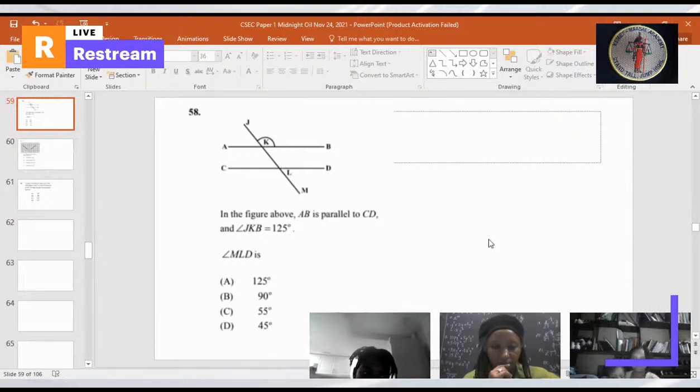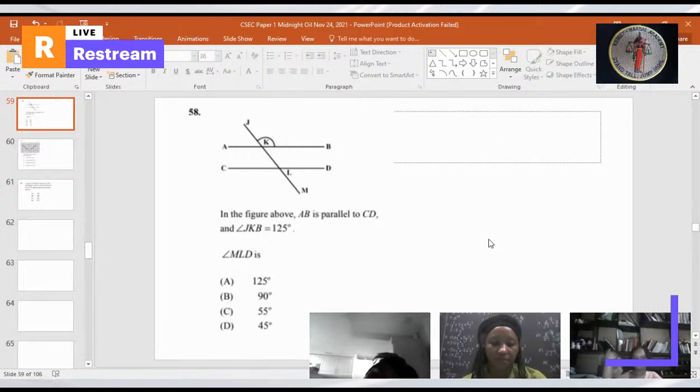So if K is 125 degrees, what is L? K is 125.